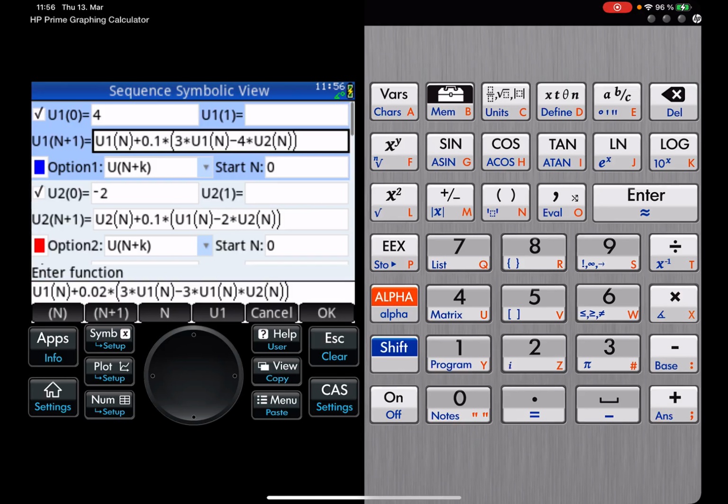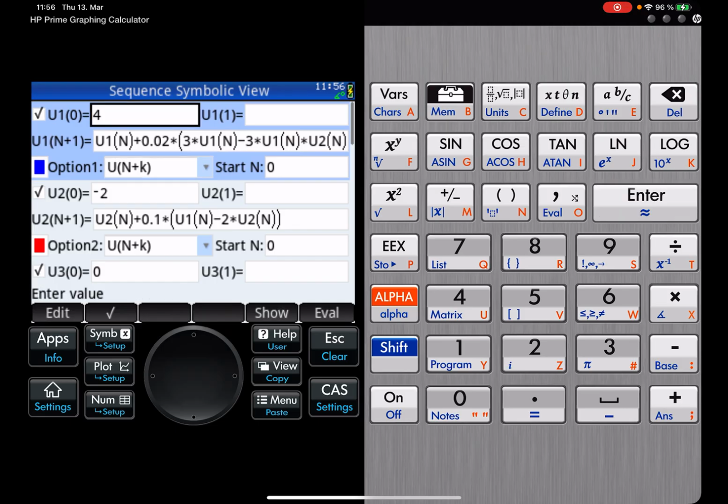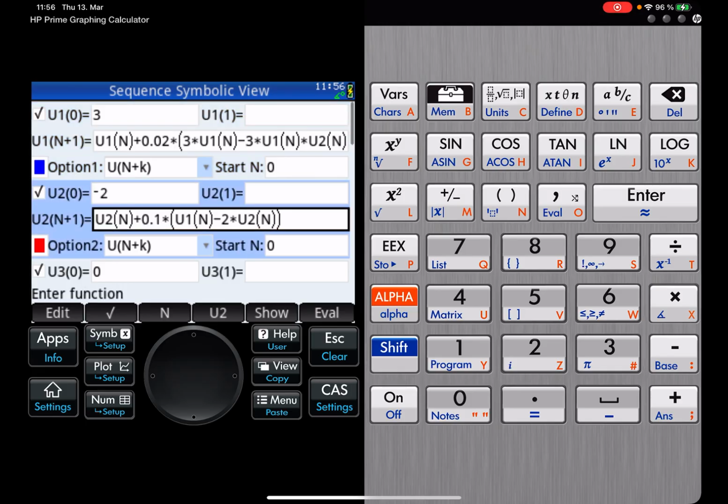It's n plus k. I start at 0, but I need to change my initial condition. The initial condition for x was 3. So now I need to go do my y sequence. So that is u2 plus 0.02. I need to change my step, 0.02. 0.02 times x1, which is that one, times y, so u2 of n, minus 2 times u2 of n, so that one was actually fine.